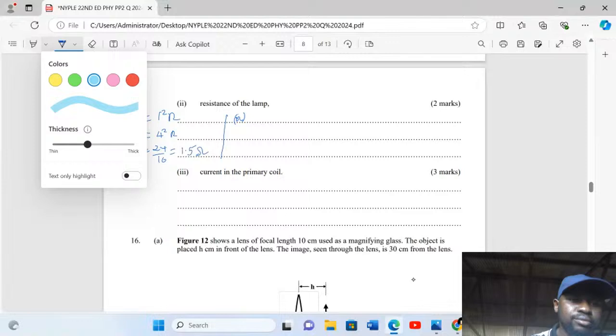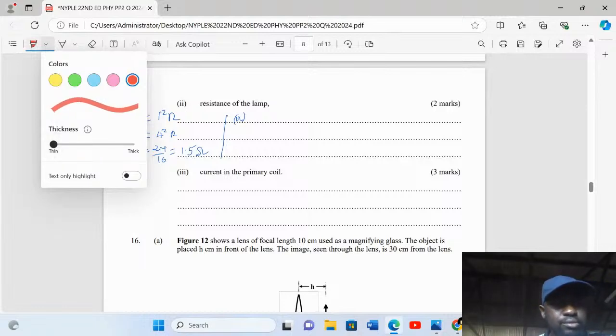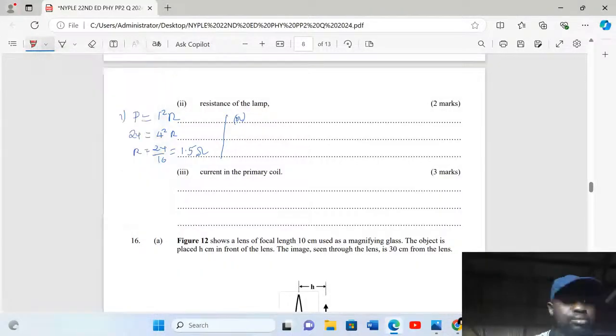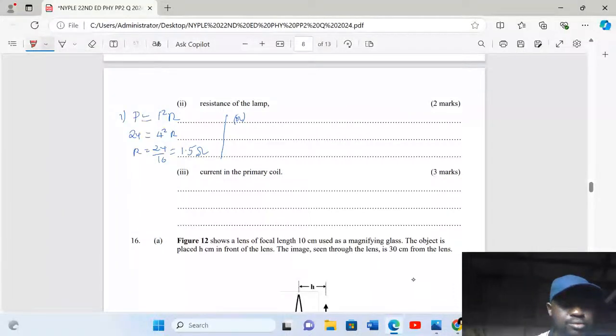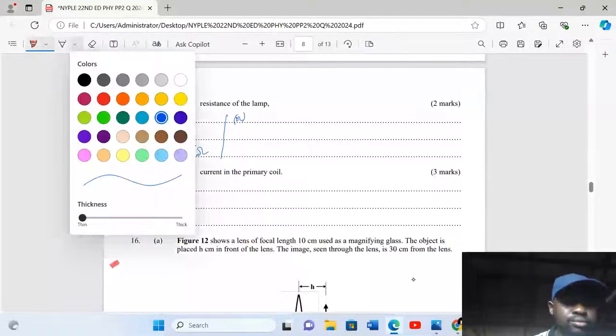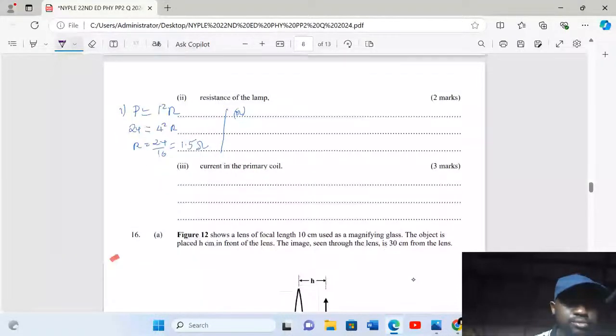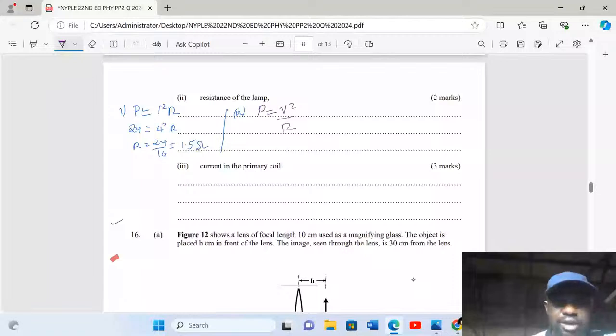Option 2, we can say P is given by V squared over R. Therefore, still our power of 24 is given by V squared.